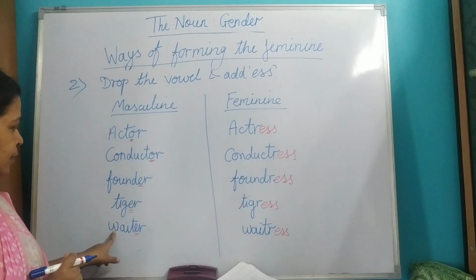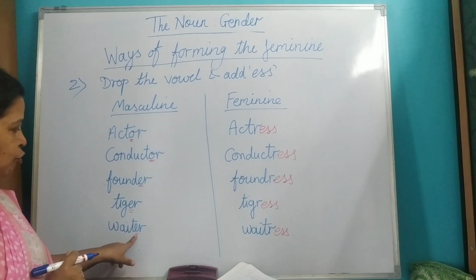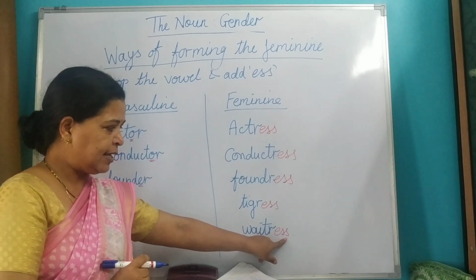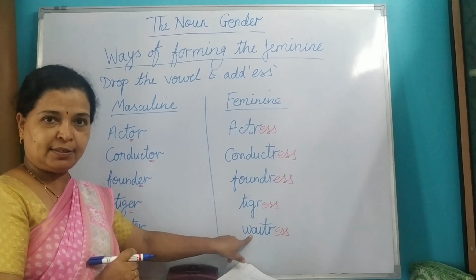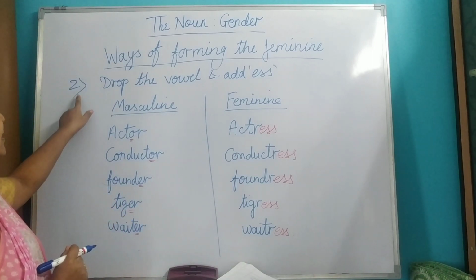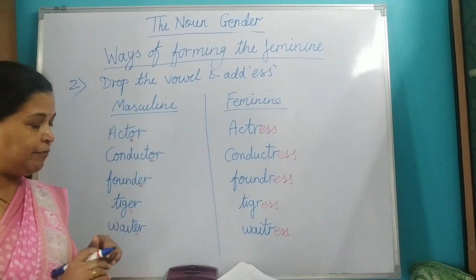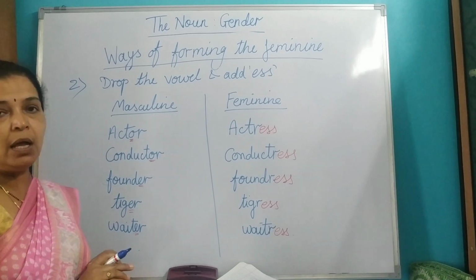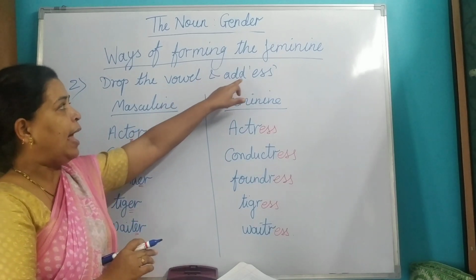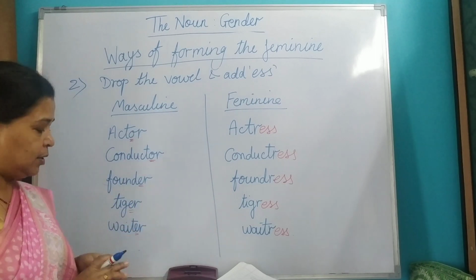The last one, waiter, we have to drop E and add ess, it becomes waitress. So the second way of forming feminine we have done by dropping the vowel sound or the vowel itself and adding ess.